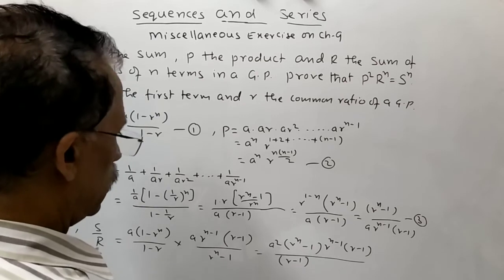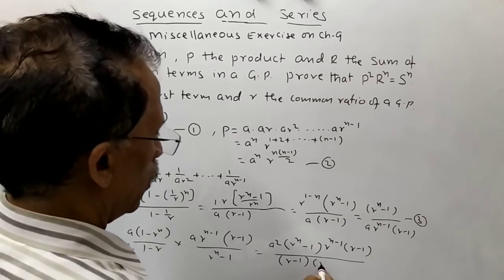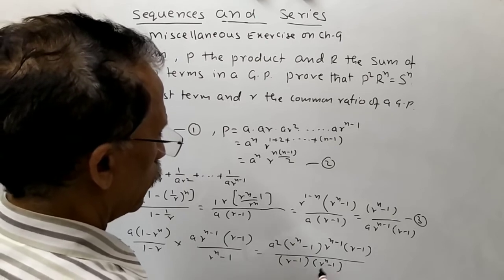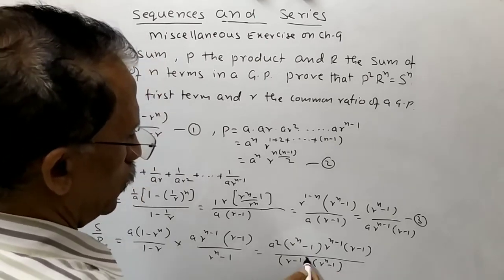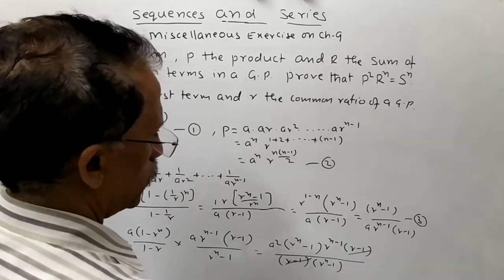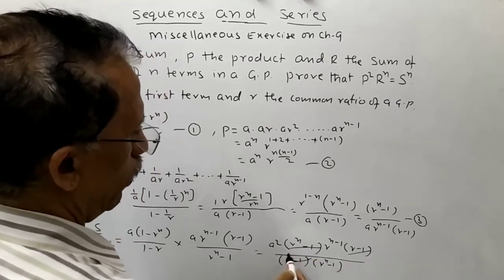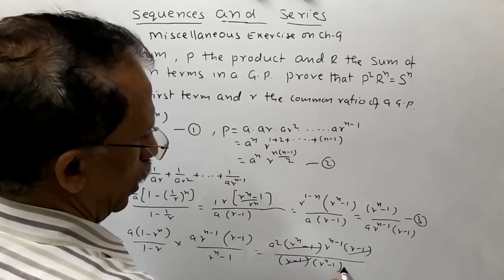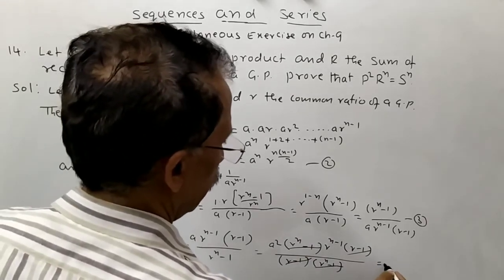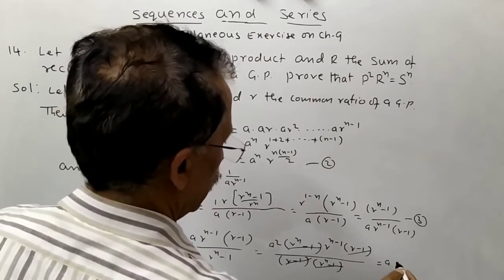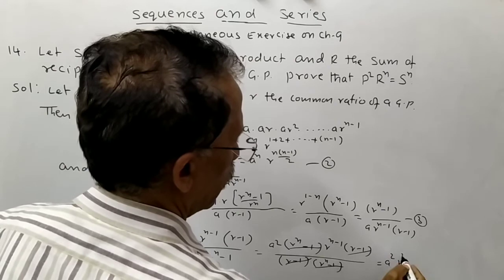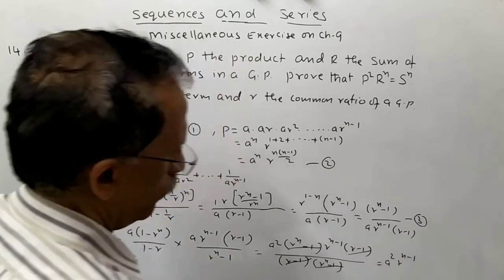R minus 1 into R raised to the power n minus 1. So R minus 1, R minus 1, R raised to the power n minus 1, R raised to the power n minus 1 will get cancelled. Then we will get A square R raised to the power n minus 1.